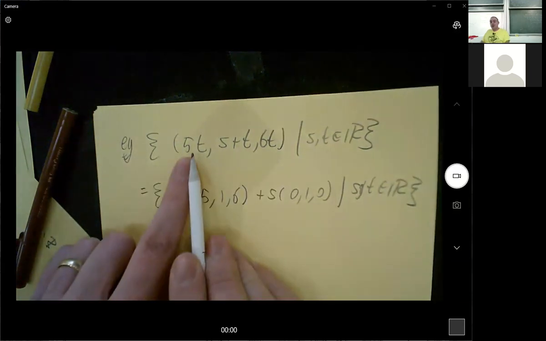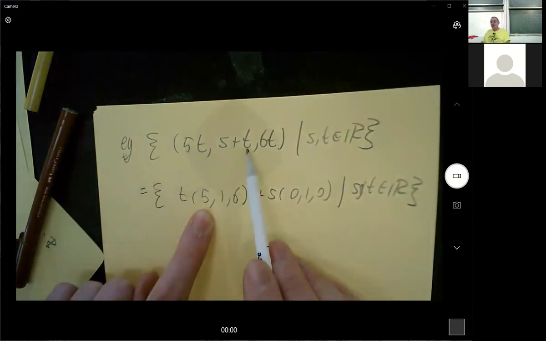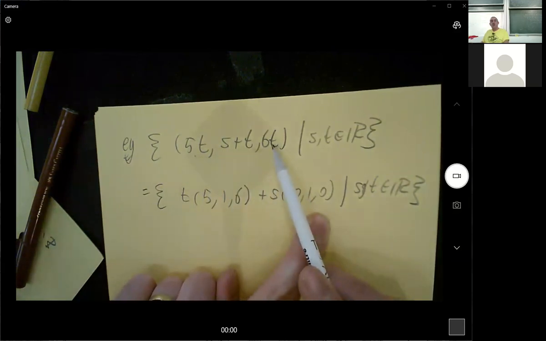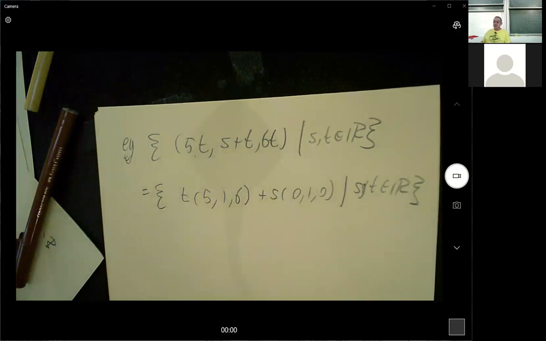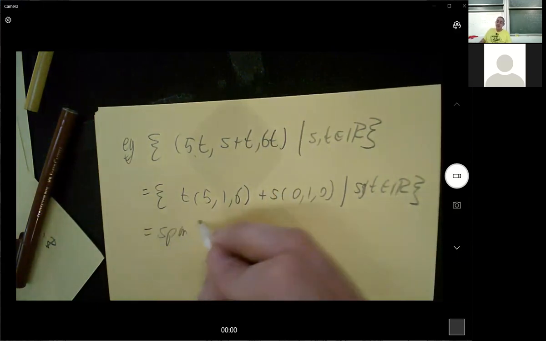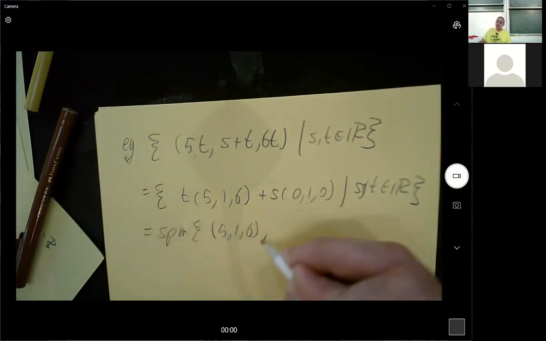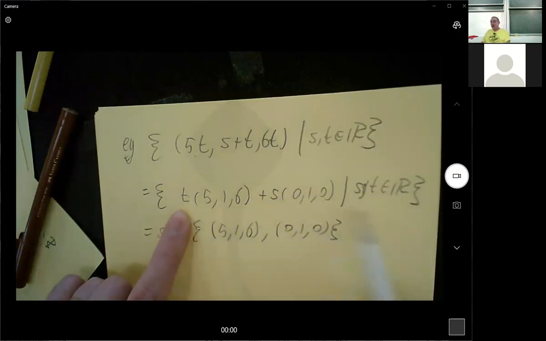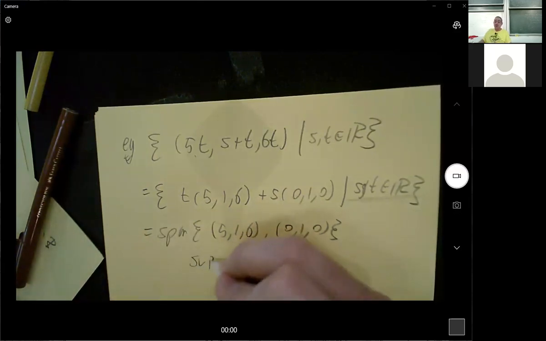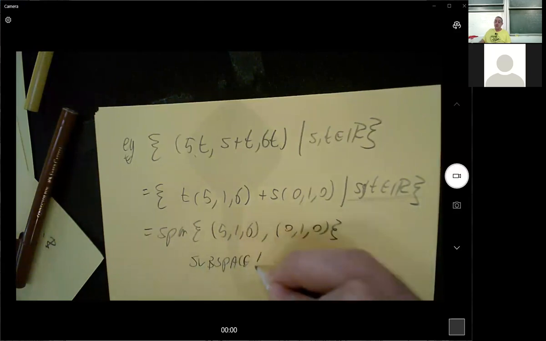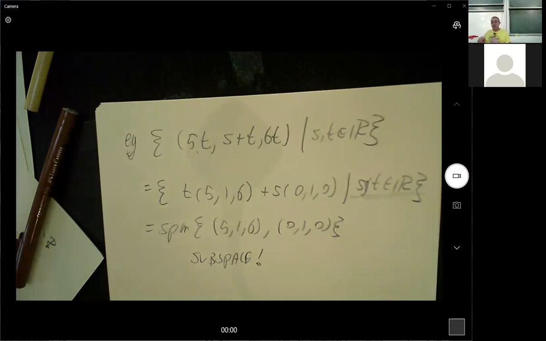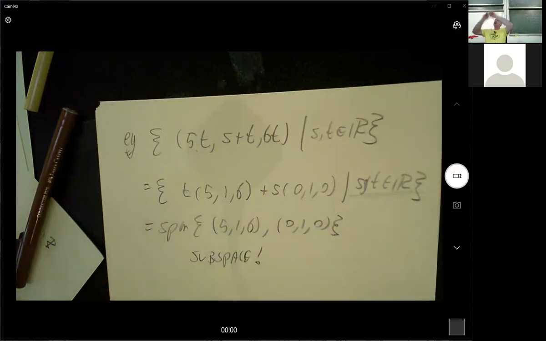So what I did is I went along and I went, well, there's 5 T's here and 1 T here and 6 T's here. And then there's no S's here and there's 1 S here and there's no S's here. That's a span, because it's linear combinations and I have to use all the numbers. And so that's a subspace. Yay. So if you can write your thing as this, it is guaranteed to be a subspace.